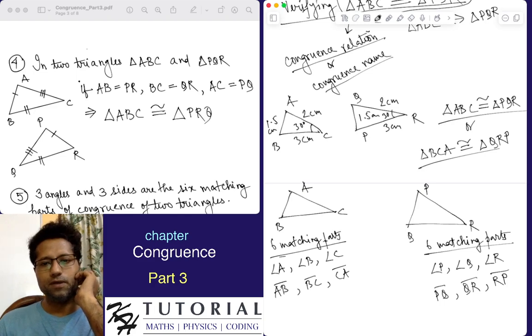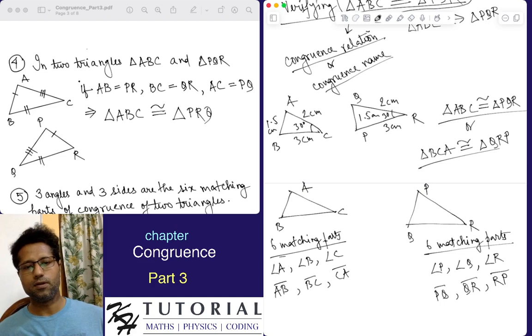If you have this information, that the lengths of three sides of triangle ABC are equal to the corresponding sides of the triangle PQR, then also the congruency is established. We can say in this example, if AB equals PR and BC equals QR and AC equals PQ, if you observe properly and try to map the vertices, you will see that we will have the result triangle ABC is congruent to triangle PRQ, not PQR but PRQ.